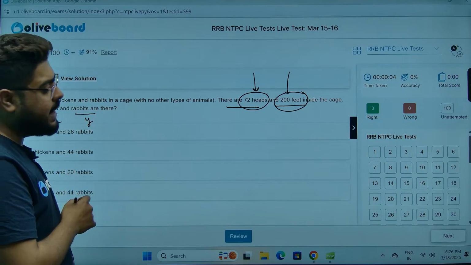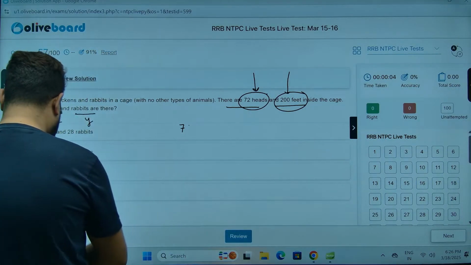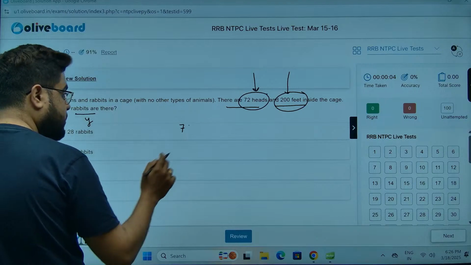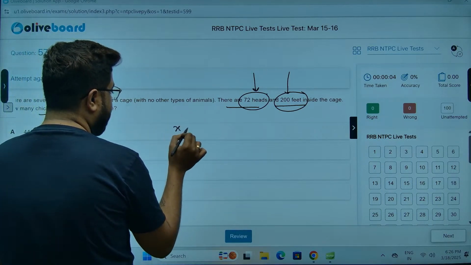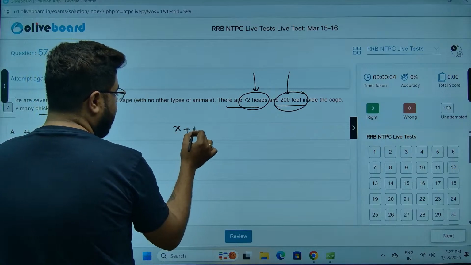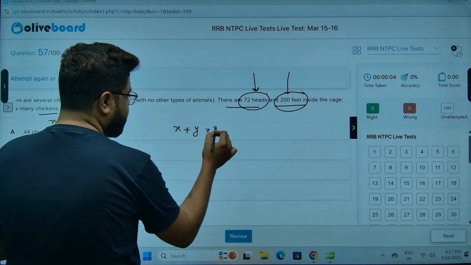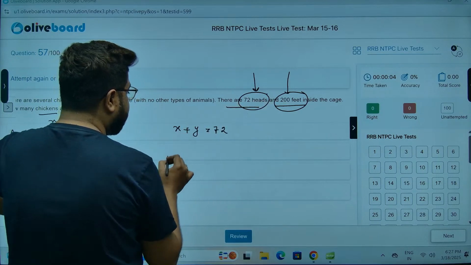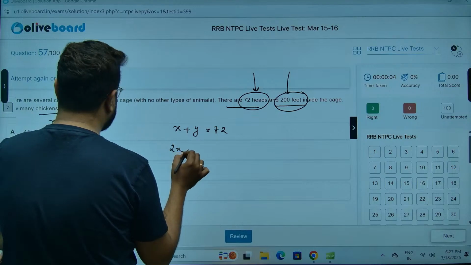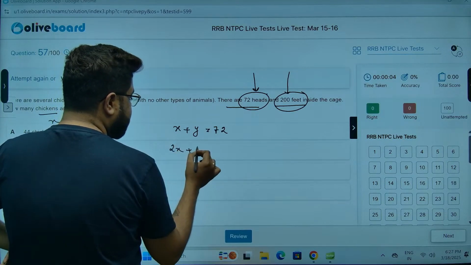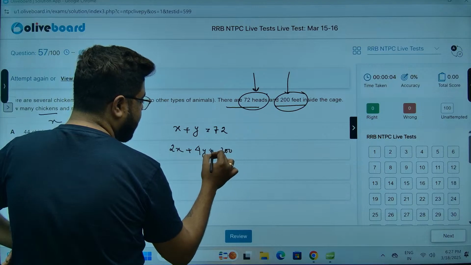X chickens and Y rabbits, because any type of animal has one head only, so X plus Y equals 72 first. 200 feet means every chicken has 2 legs, so X chickens have 2X legs, and every rabbit has 4 legs, so 4Y. That is 200.